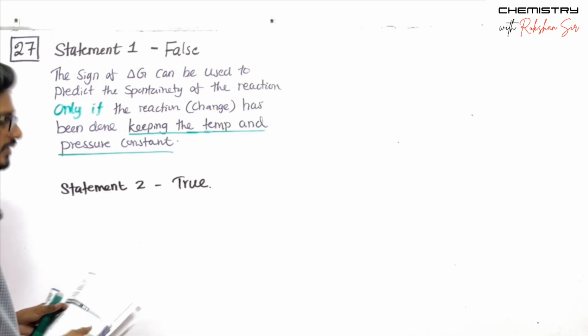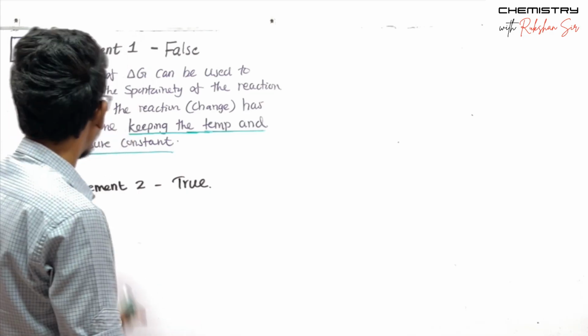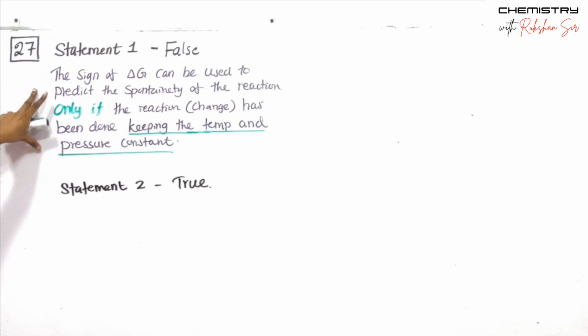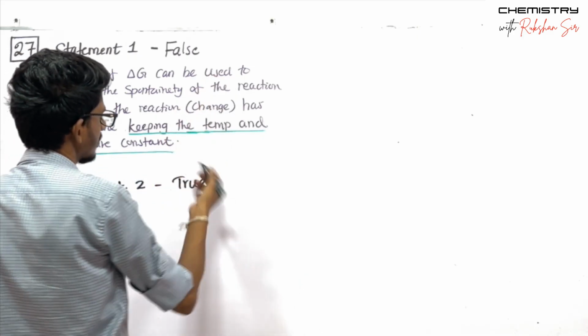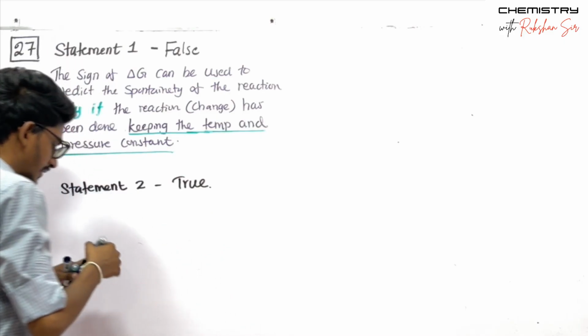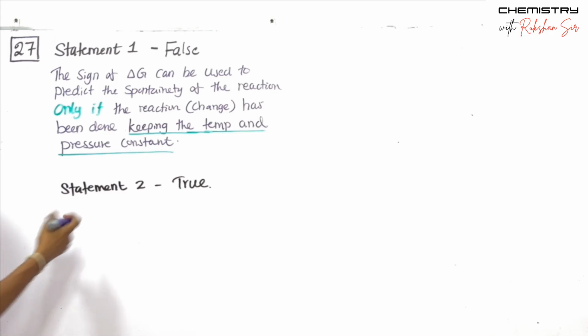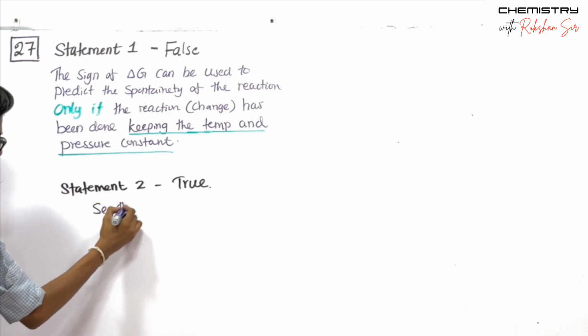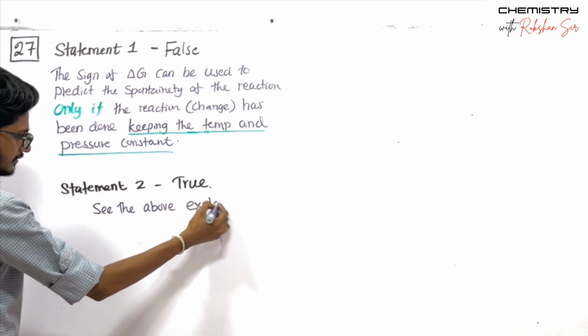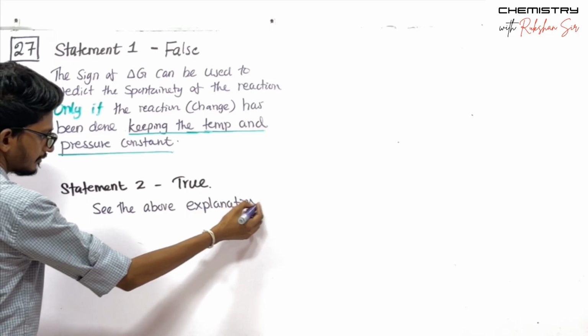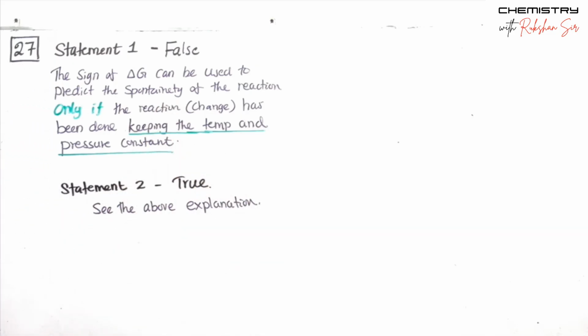The same point says that statement 2 is true. So 1 is false, statement 2 is true. See the above explanation, the same explanation, says that statement 2 is true.